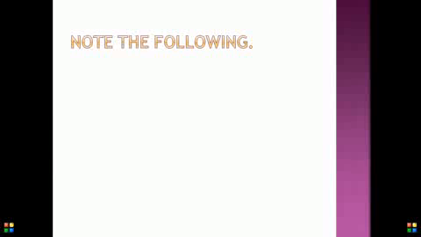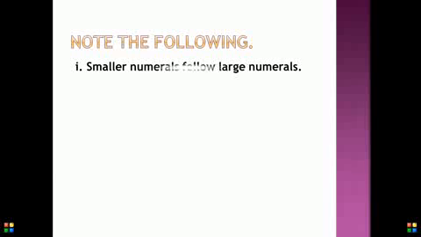Now, you need to note the following that will help you to combine our basic Roman numerals to form our numbers. The first one, you must know that the smaller Roman numerals follow the large numerals, and in that case you only need to do your simple addition to get what the number is.